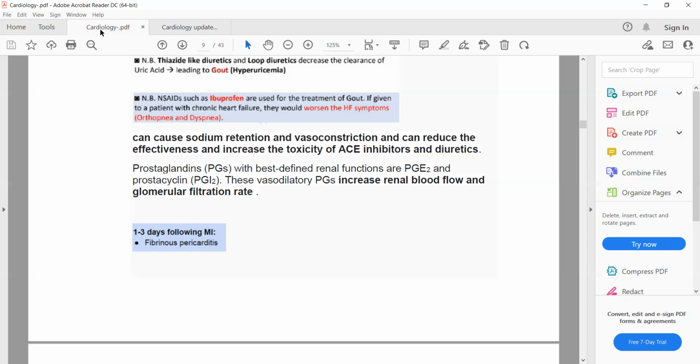spironolactone are drugs that block the action of aldosterone. Remember that the function of aldosterone is to retain sodium and to excrete potassium from the body.